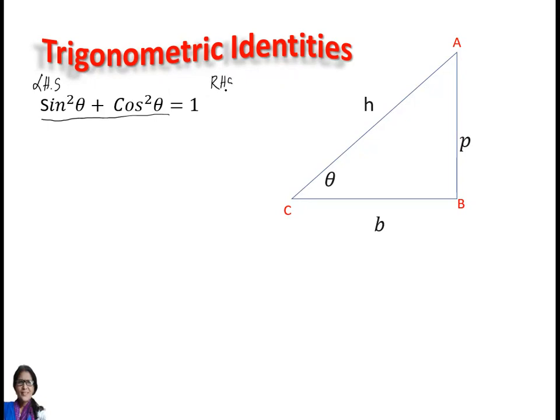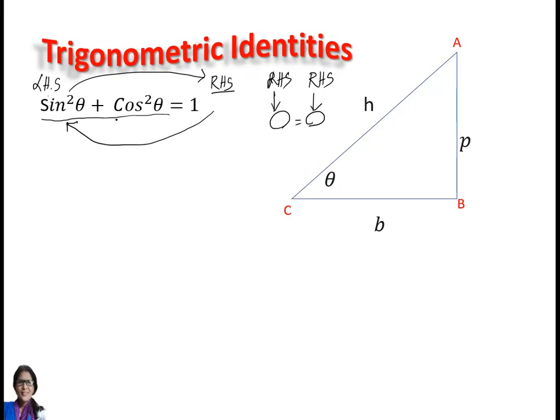For an identity, you can start from the left hand side and reach the right hand side, or start from the right hand side and reach the left hand side, or proceed a little bit from the left hand side, proceed a little bit from the right hand side, and make them equal. You can proceed in any way. But most of the time we start from the left hand side and reach the RHS. When there is a problem, we can start from RHS.